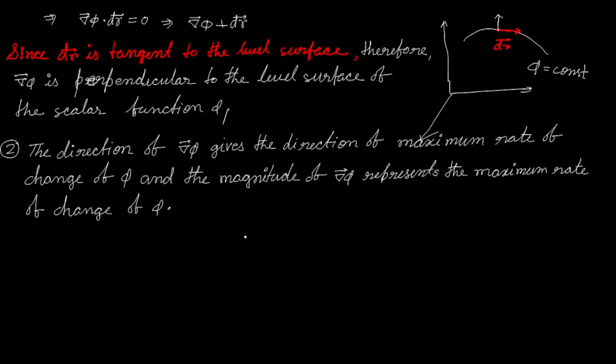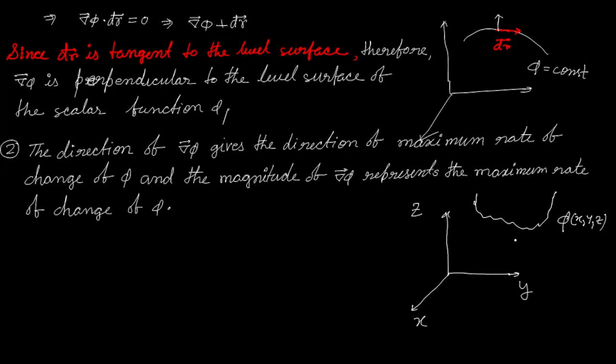Okay, so we can also prove this one, but for that let me draw a figure here. Let's say this is the x-axis, y-axis, z-axis, and this represents a curve of some scalar function phi, which is a function of x, y, and z.